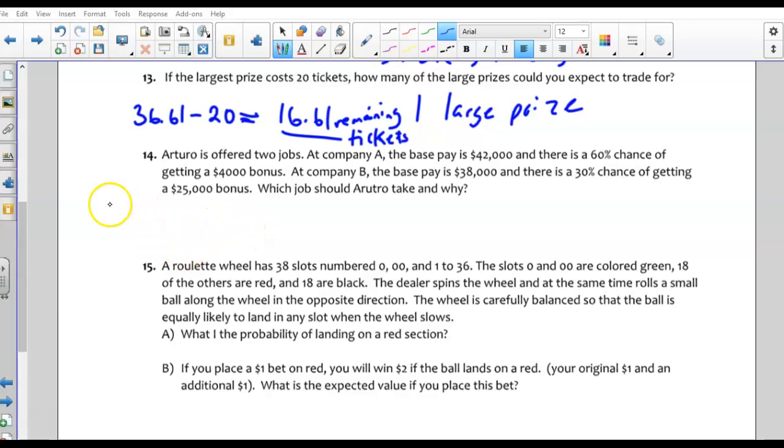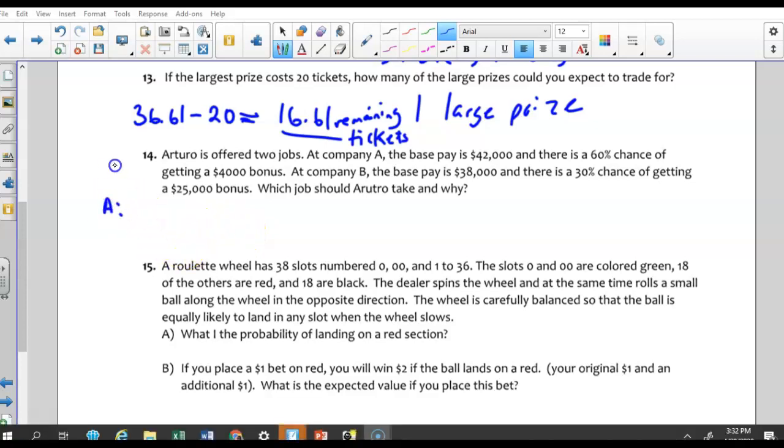So for job A, they're going to pay him $42,000, plus there is a 60% chance he'll get $4,000 additional. There's also a 40% chance he will not get the bonus.